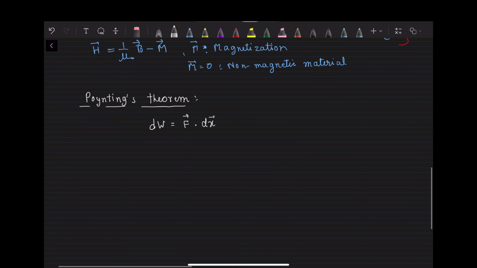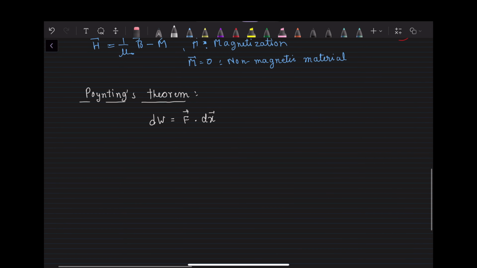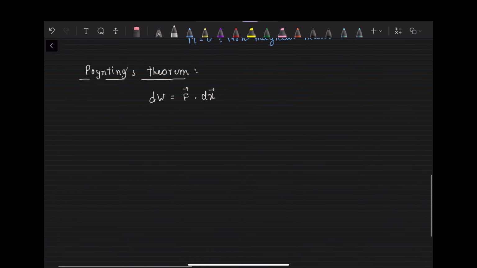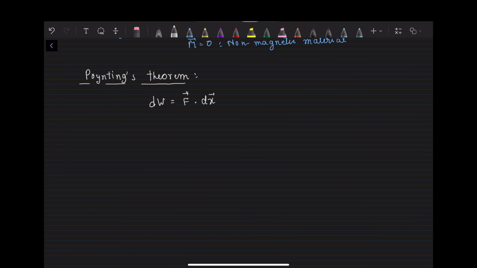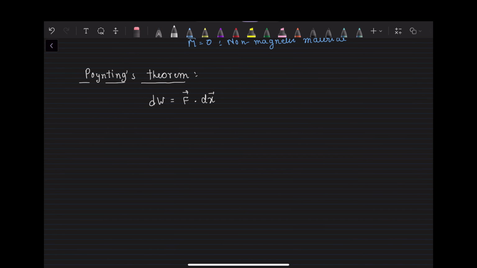But what force are we talking about? We are talking about the Lorentz force, the force due to the electric field and magnetic field, and of course there is a velocity term, right? So let's write this Lorentz force.